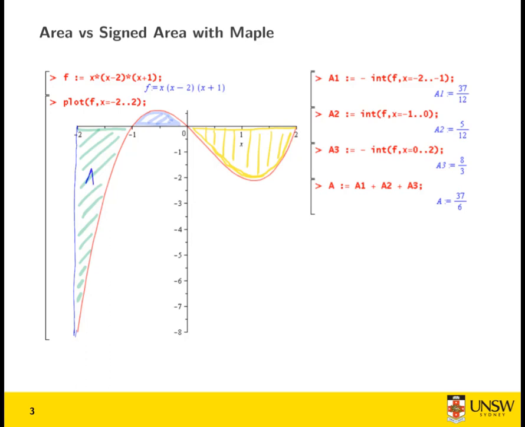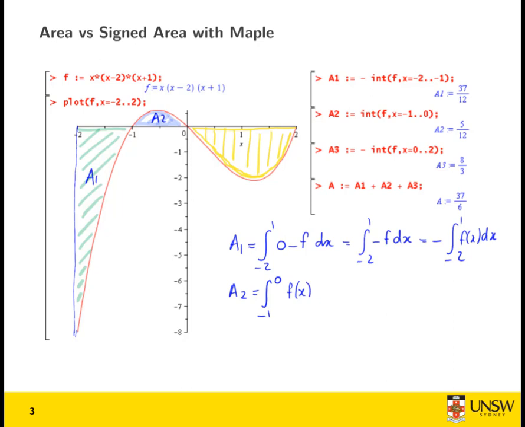When we calculated the first area A1, we did the function at the top, 0, minus the function at the bottom, which is f, between -2 and 1. So really the integral of minus f dx, or if you'd like, minus the integral of f of x dx. Then when we calculated A2, we did the integral between -1 and 0 of the function at the top, that's f, minus the function at the bottom, and that's 0.